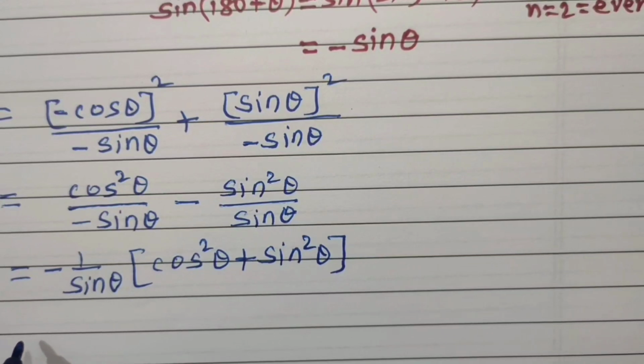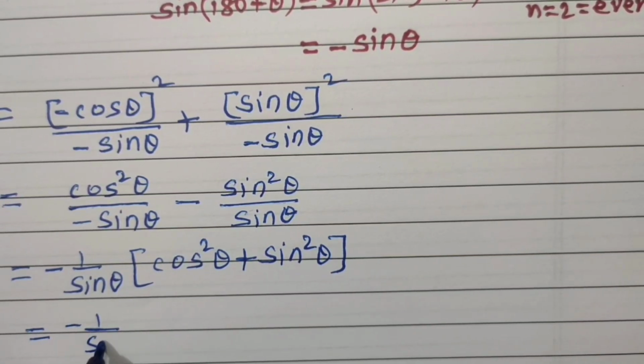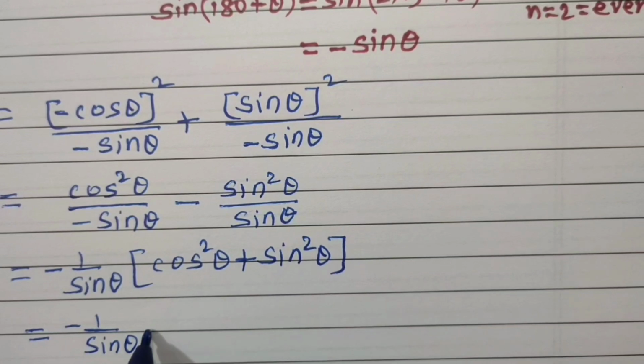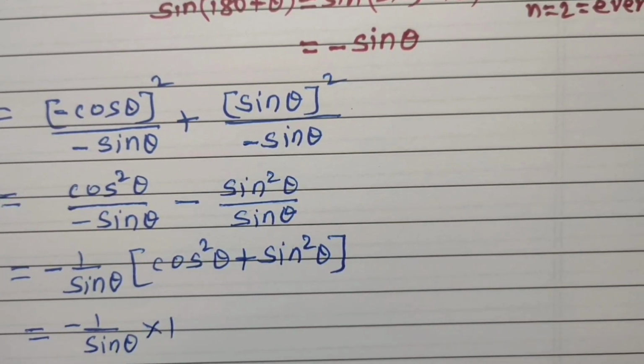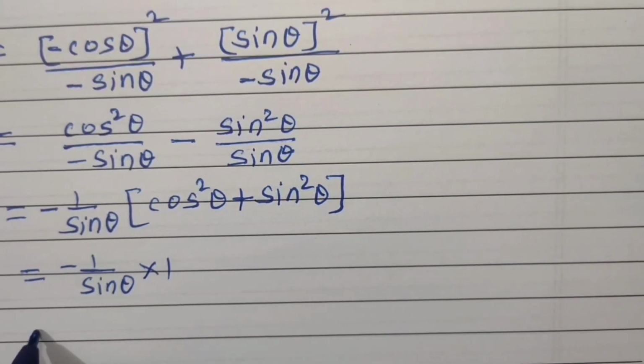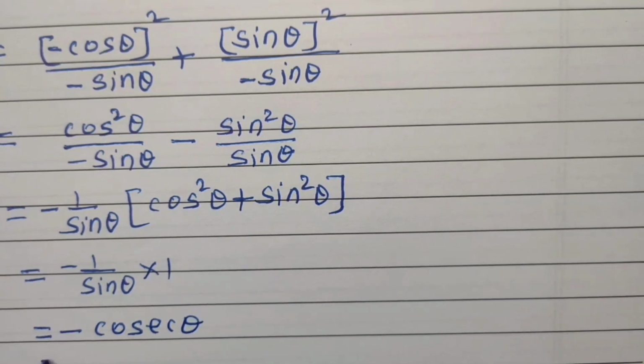Hence we can write this is equal to minus 1 upon sine theta into 1. But minus 1 upon sine theta is minus cosec theta, because 1 upon sine theta is cosec theta. Hence this is equal to minus cosec theta, and this is equal to the right hand side of the given statement.